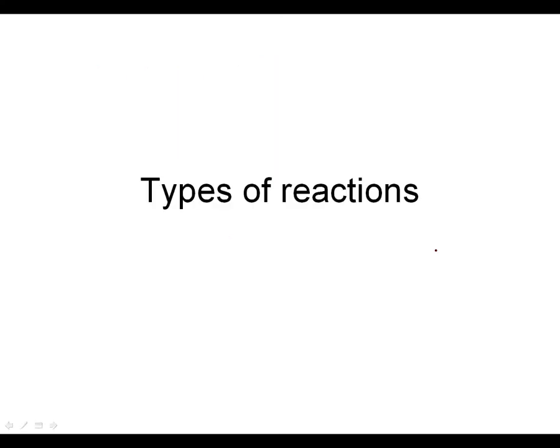So continuing on, we're going to talk about types of reactions. There are different ways that you can classify the same reaction, as we'll see. There are really 2 big classes of classification.